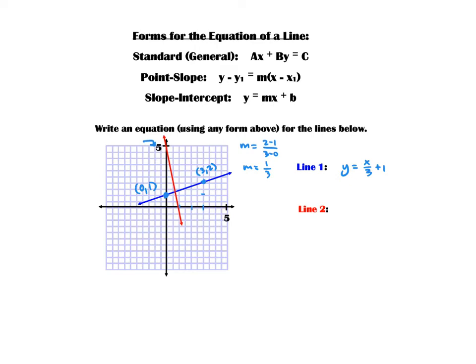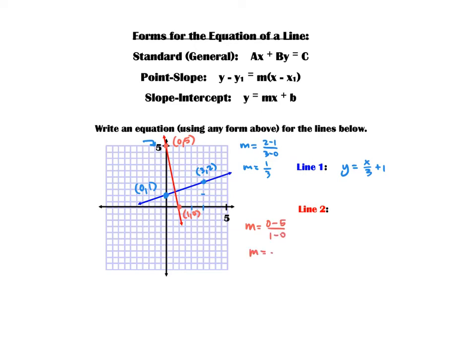Okay, line number 2. So line number 2, let's put this in point slope form. So as I look at this, I need a point and I need a slope. So the point that I'm going to use is the point (0, 5). And the slope, if I look at this and I identify this other point, which would be (1, 0), I can find the slope, which would be y2 minus y1 over x2 minus x1.